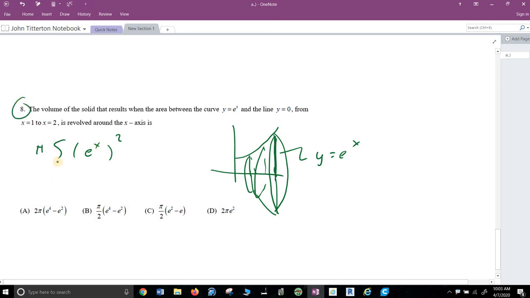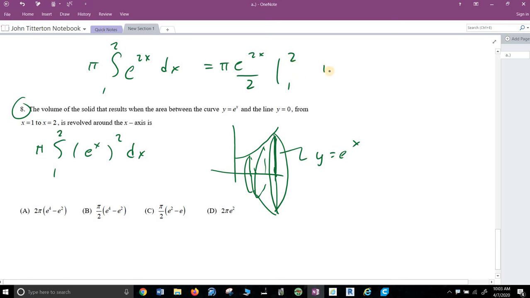From 1 to 2 with respect to x. So that's e to the 2x, integral 1 to 2 of pi e to the 2x. I believe we're going to get e to the 2x over 2, if I'm not mistaken. Pi comes along for the ride. 1 to 2, e to the x times 2, 2's cancel. Yes, I did it right.